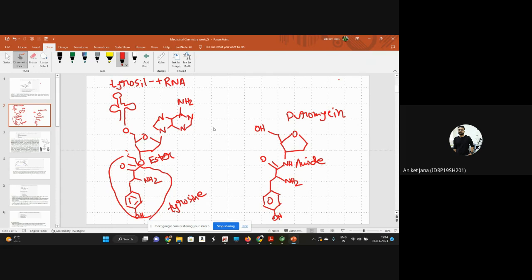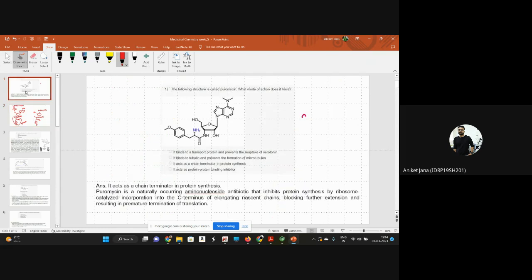So our right answer is, which is our right answer? It binds to a transport protein and prevents the reuptake of serotonin. It binds to tubulin and prevents the formation of microtubules. It acts as a chain terminator in protein synthesis. It acts as a protein-protein binding inhibitor.